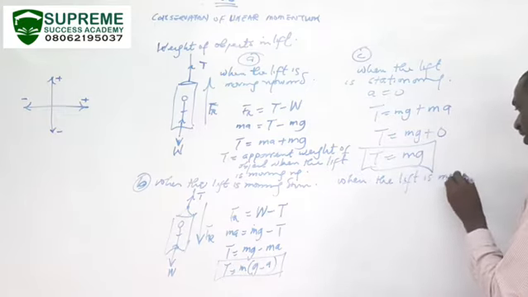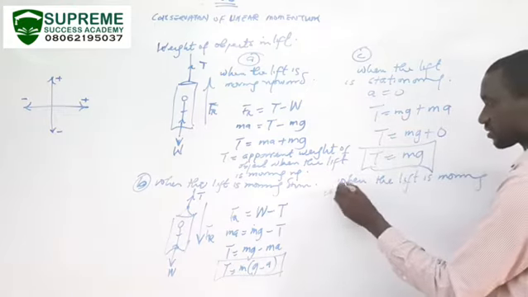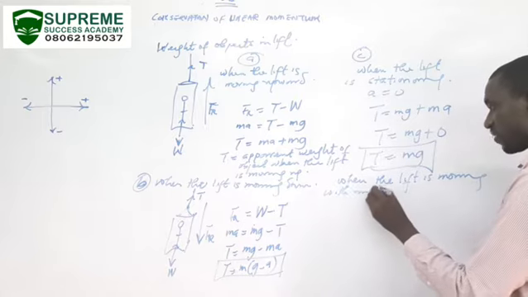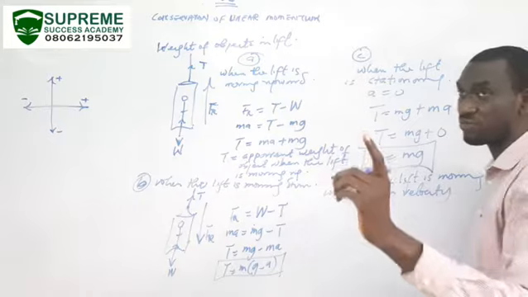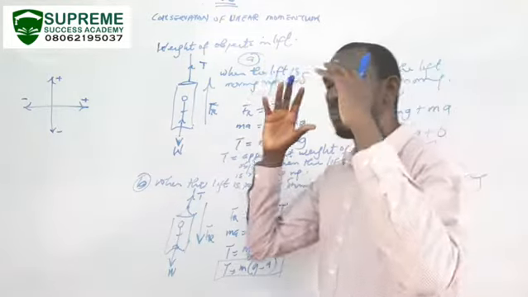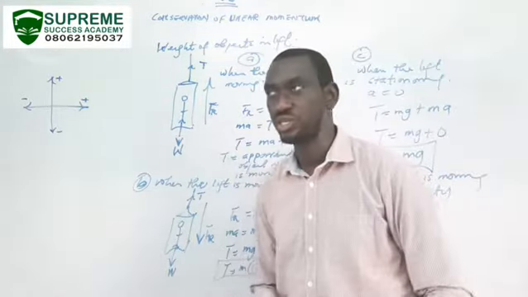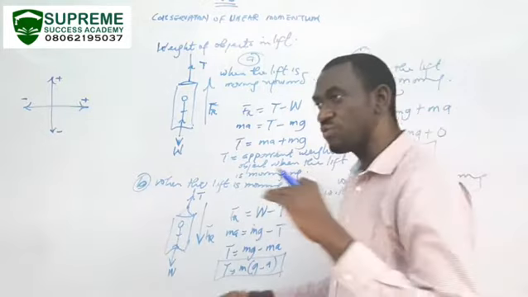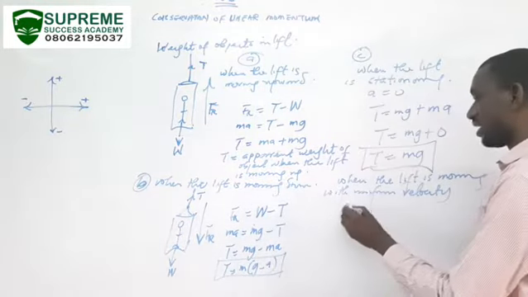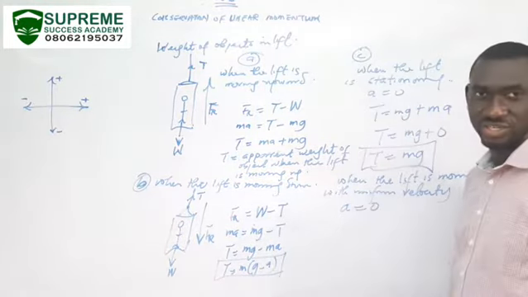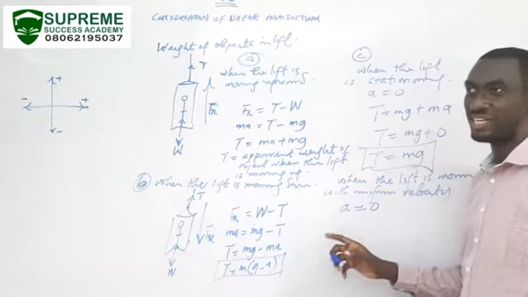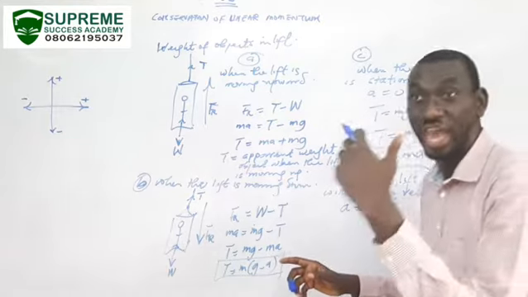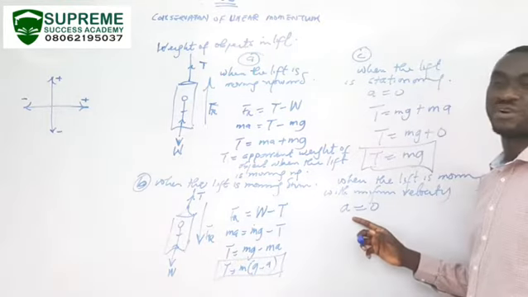Another scenario where T equals mg is when the lift is moving with uniform velocity. When the lift is moving with uniform velocity, don't forget the point I gave you under linear motion, that when an object is moving with uniform velocity, there's not going to be acceleration. Why? Velocity is not changing. What is acceleration? Change in velocity with respect to time.